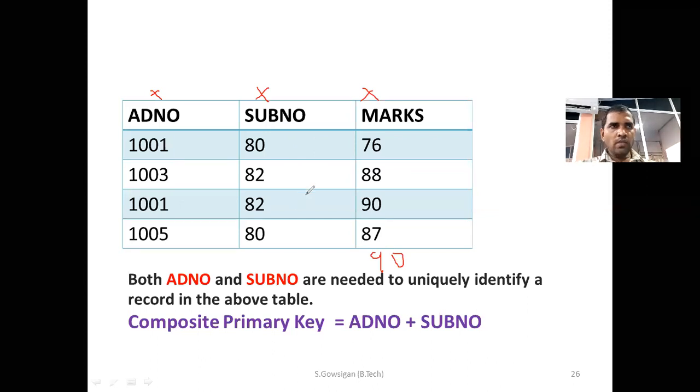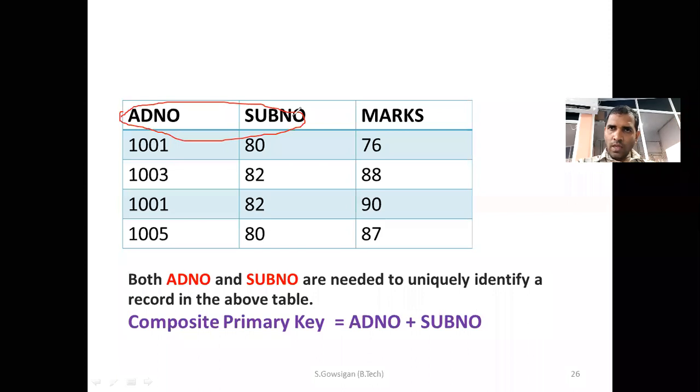So now what can I do? I can join 2 or more fields together to get the uniqueness, right? I repeat it. I can combine 2 fields or more than 2 fields together to get uniqueness. So assume I am going to combine these 2 fields, admission number and subject number.